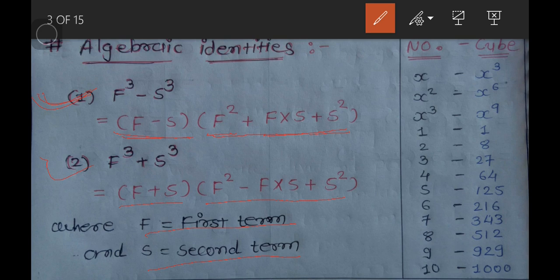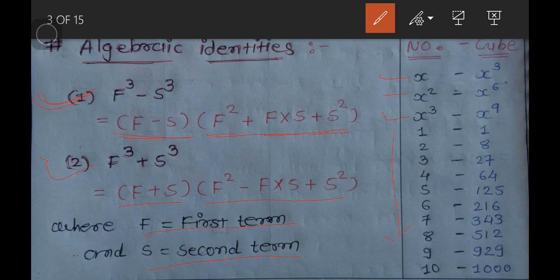Now here are given some cubes of numbers. If given x, then the cube of x is x cube; the cube of x square is x raised to 6; the cube of x cube is x raised to 9; and the cubes of 1 to 10 are given as here.